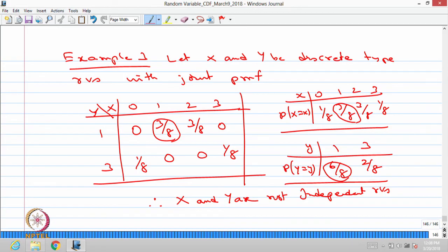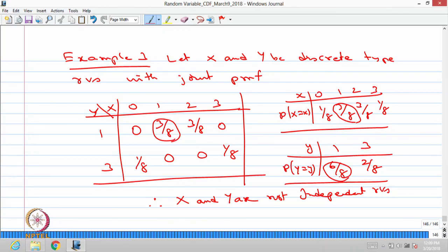That means y is dependent on x. Therefore, there is a dependency between the random variables y and x in the definition itself. From there itself we can conclude they are not independent random variables, but we have concluded that from the distributions also.